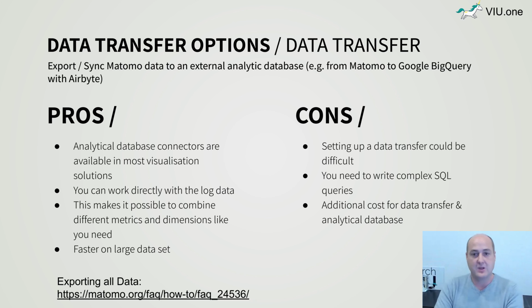Analytic database connectors are also available in most visualization solutions. You can work directly with the log data because there's no restriction of performance hints if you work with them. And you can combine metrics and dimensions in another way than with the predefined data sets in Matomo. And it's fast on large data sets.